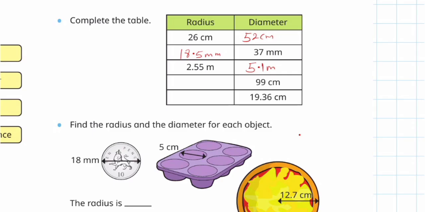The diameter of 99 centimeters will give what radius? So you would do 99 divided by 2. So what is the answer?